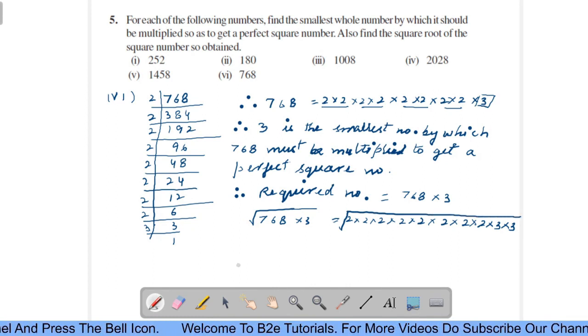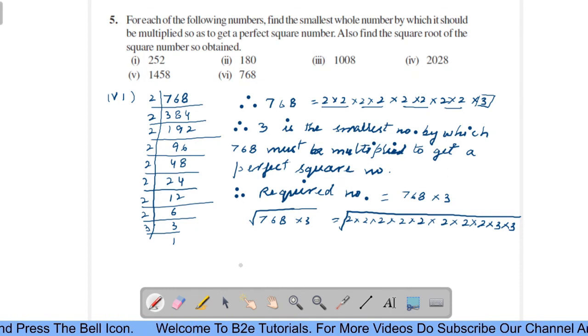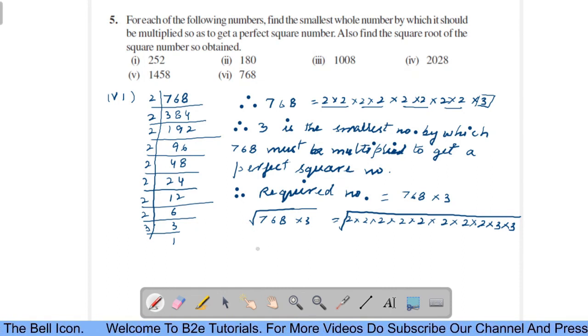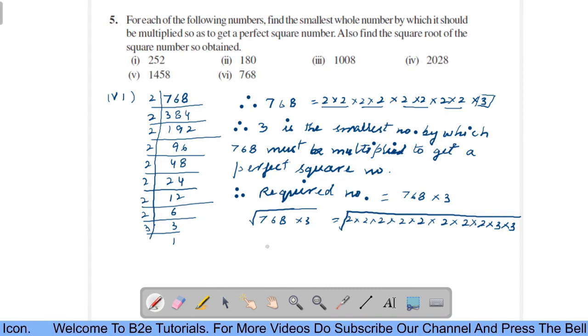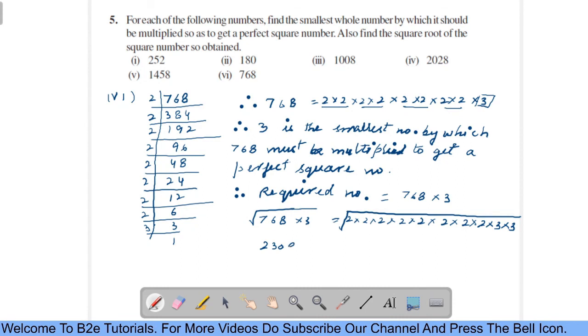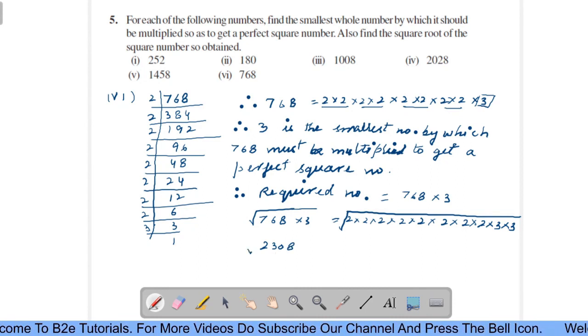Now multiply 768 by 3, you will get 2308 within the square root.